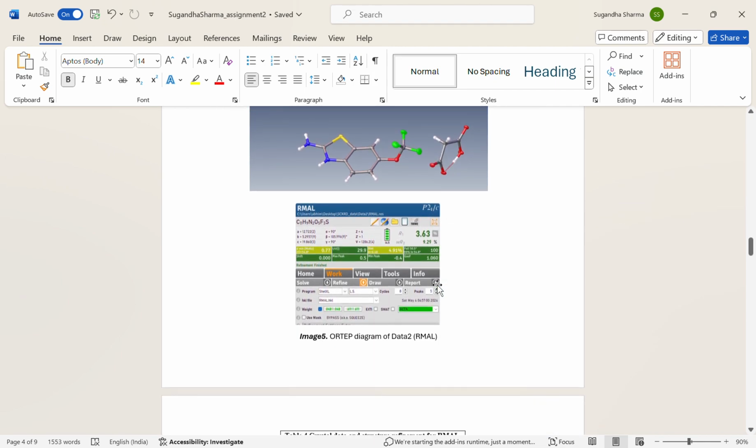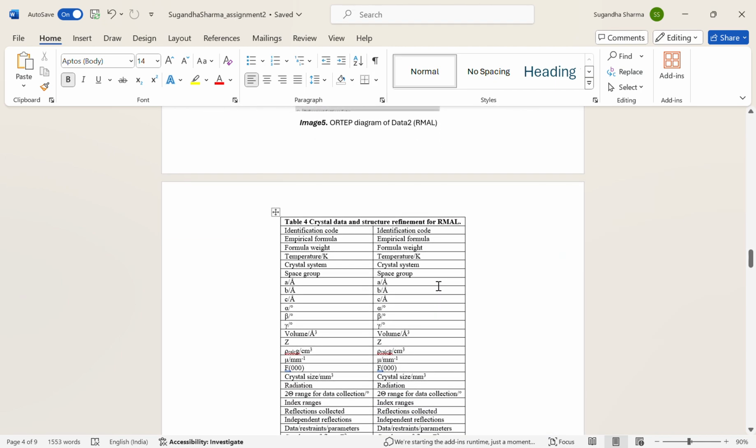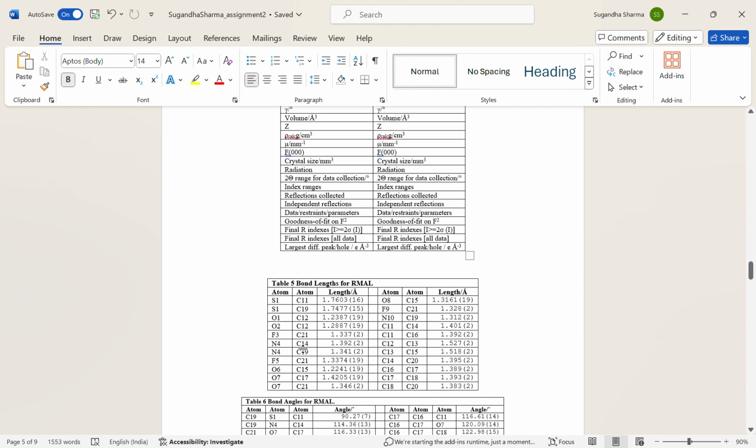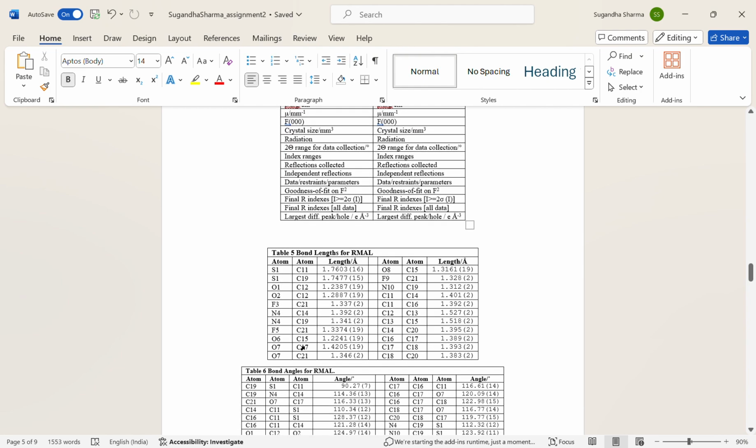We also got the crystal data for this second data, which gave us the unit cell parameters, the 2 theta range, and the goodness of fit. Also we got the bond lengths for different bonds present in the molecule, and bond angles.